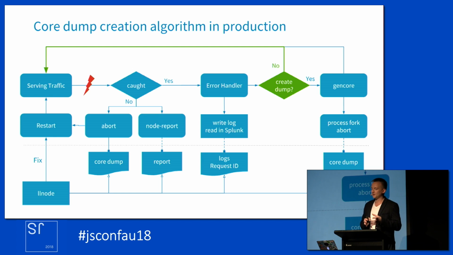If not, it continues serving traffic and handles the error. If it should, it uses gencore to make a process fork to terminate it with a dump, and our main process continues serving traffic. After that, we just connect to production, get the log and our core dump to debug it with llnode.